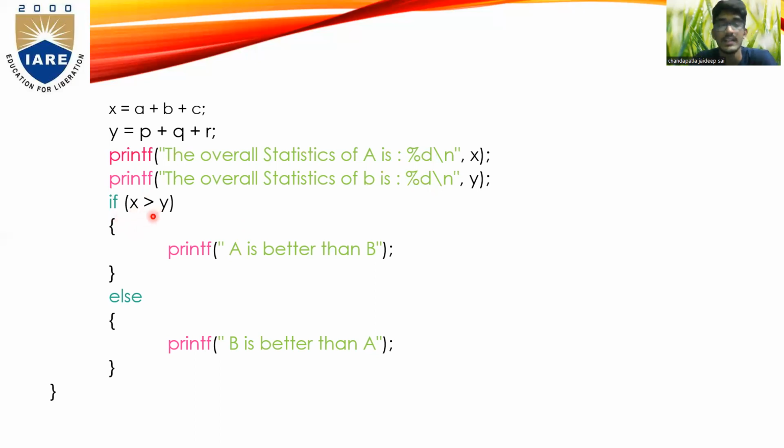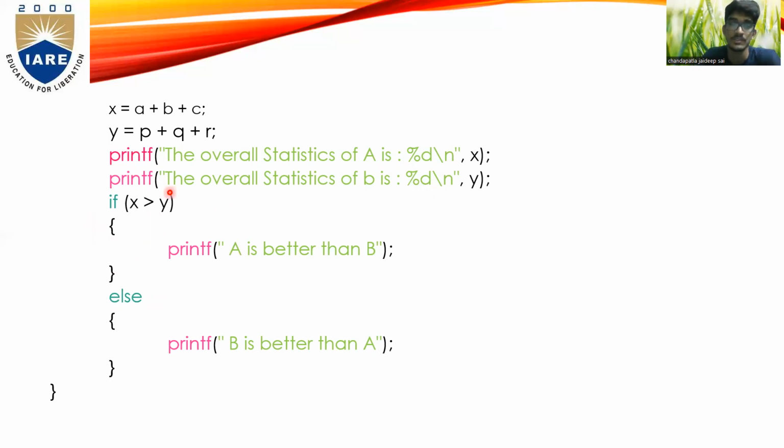Generally in if-else statement, we use the if, and by opening the bracket, in those brackets we write the condition, and after the condition we open the curly brackets in which the statements of the if block will be executed. If the condition is not satisfied, then the else block will be executed. So again we use the else, and in else we do not require any condition, so there is no need of using the brackets, but we use the curly brackets to print the else block statements.